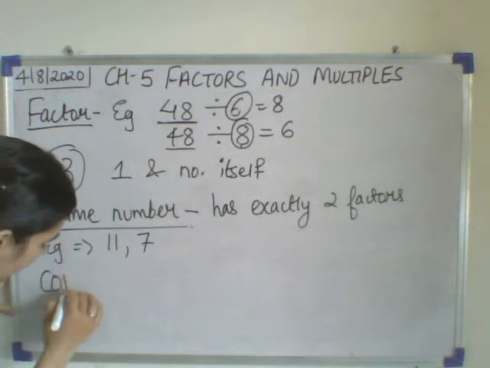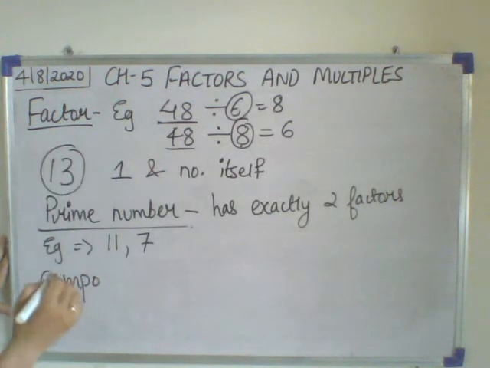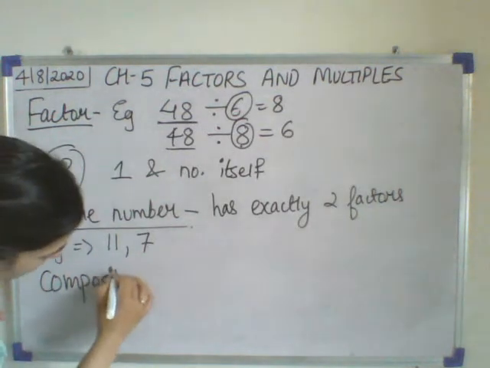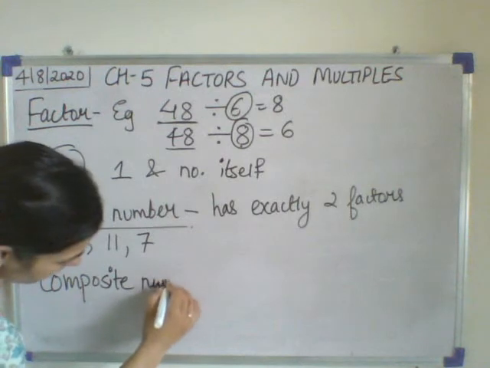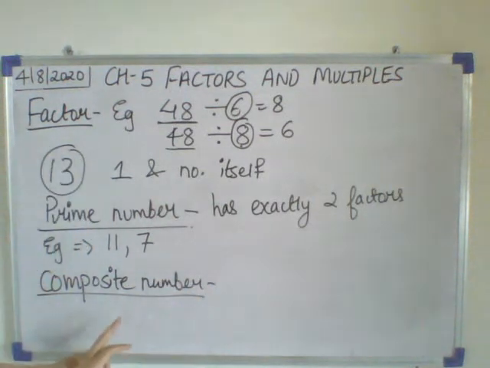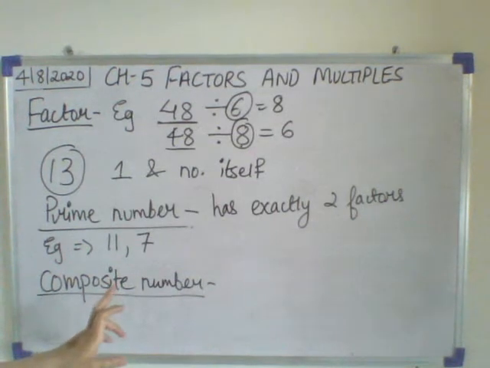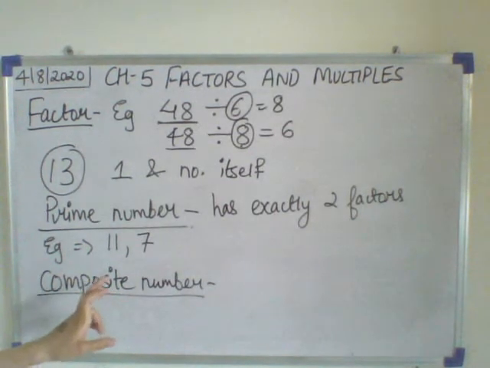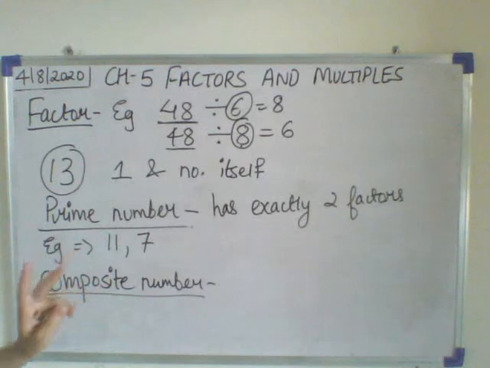After the prime number comes the composite number. What are composite numbers? Every natural number except one that has more than two different factors is called a composite number.